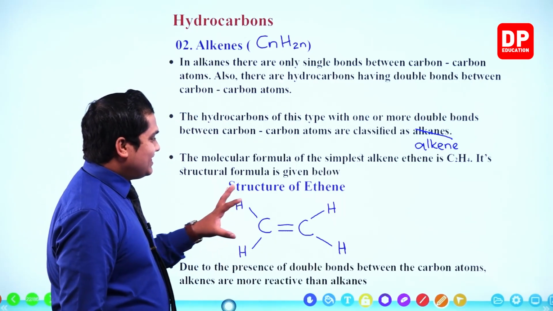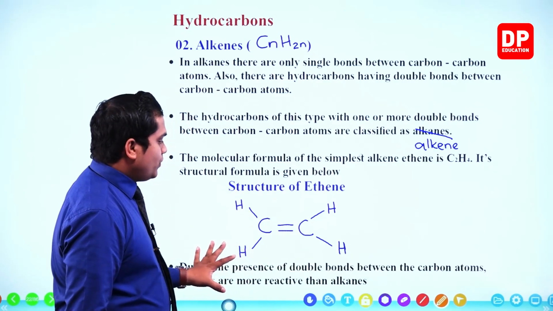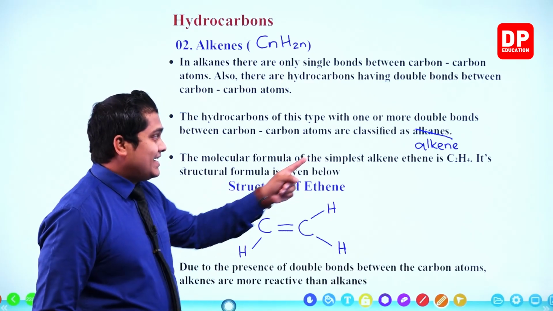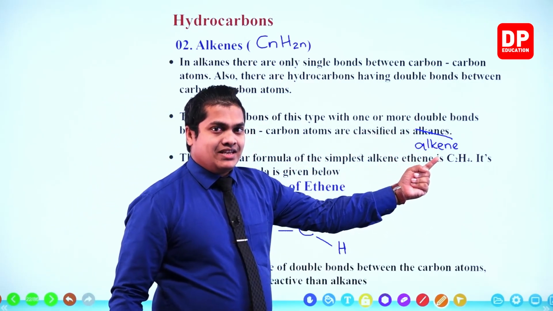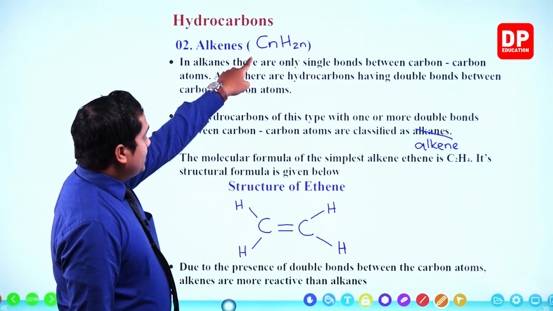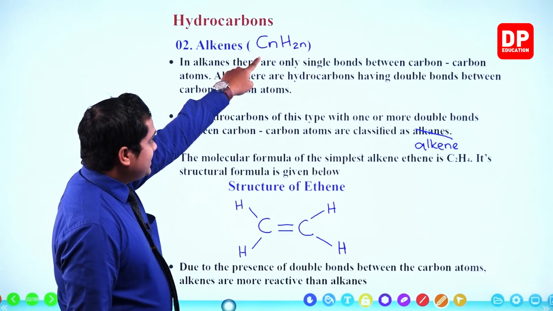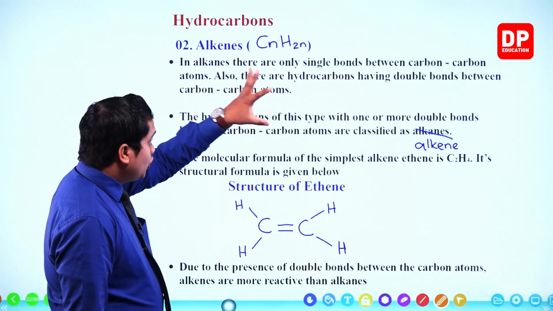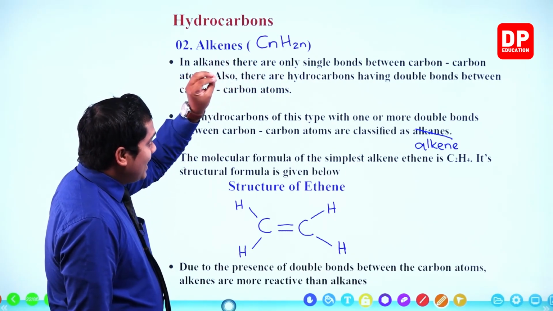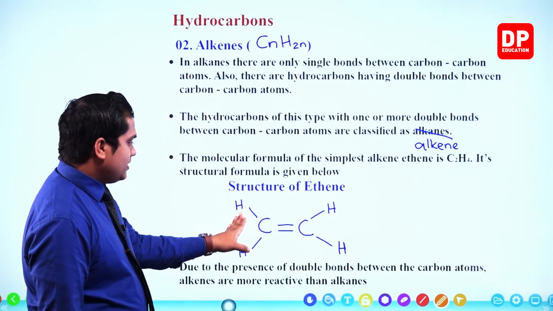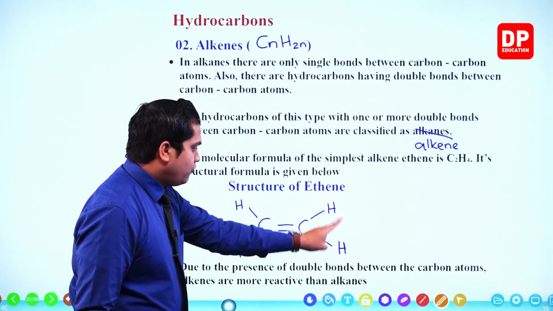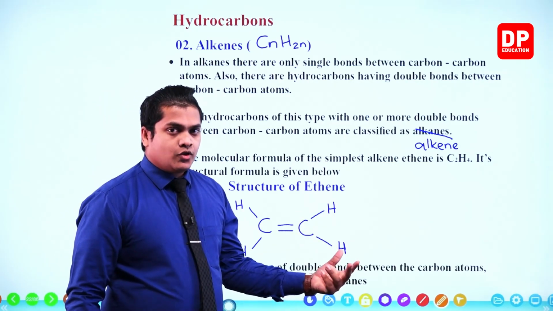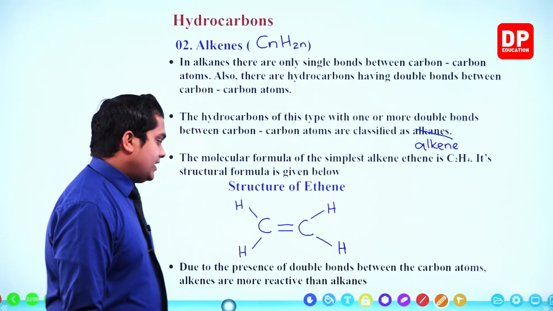As ethene contains a double bond between the carbon-carbon atoms, this is called an alkene. The general formula is CnH2n. Here, 2 carbons, and 2 times 2 is 4 hydrogens.